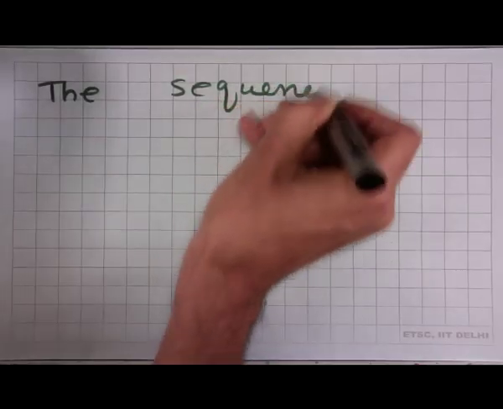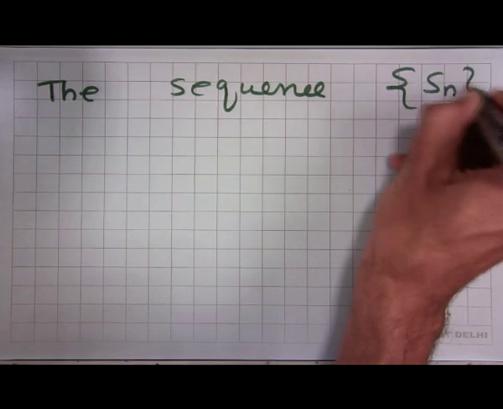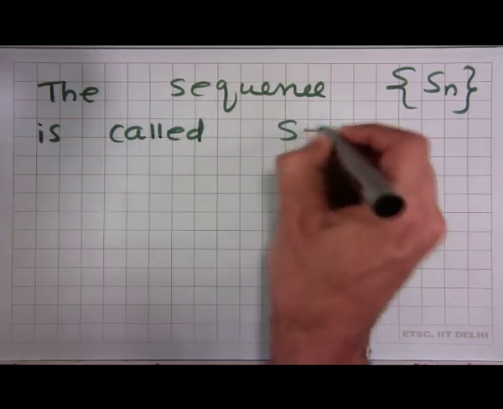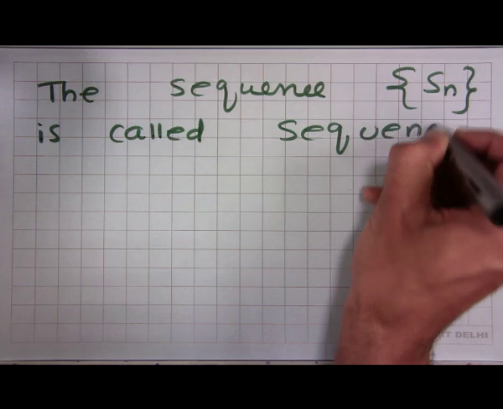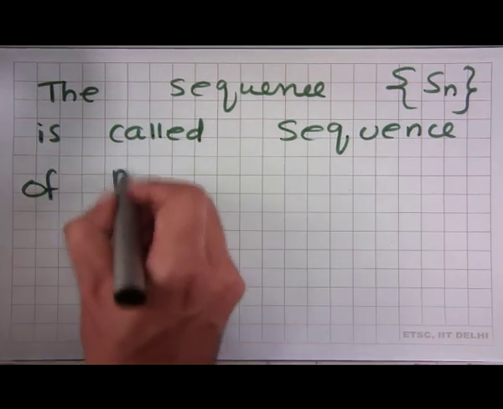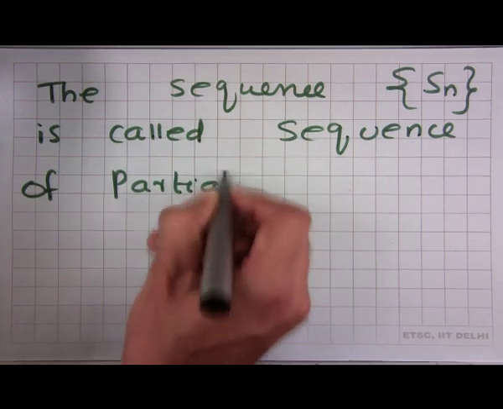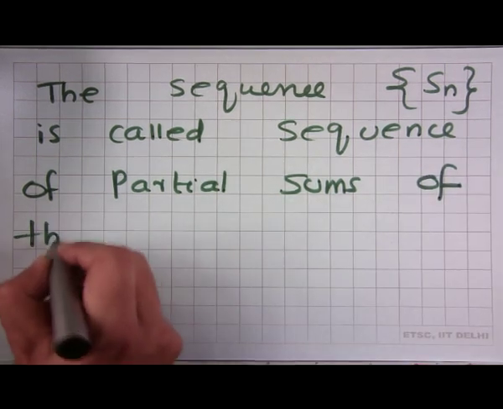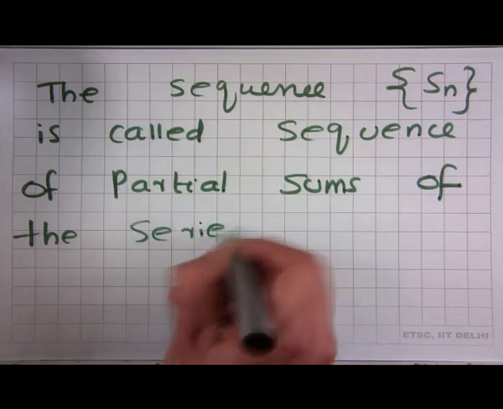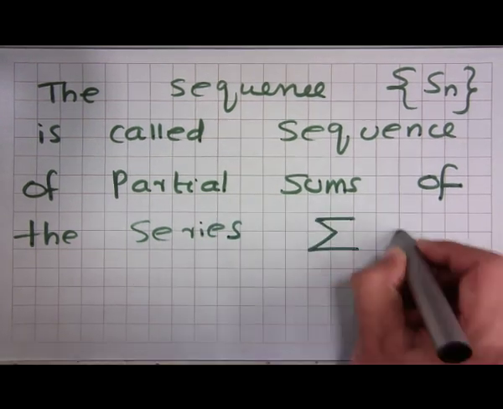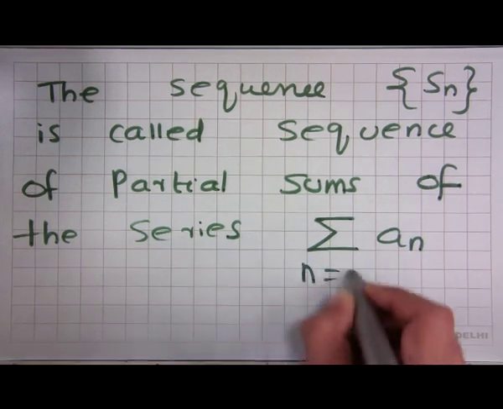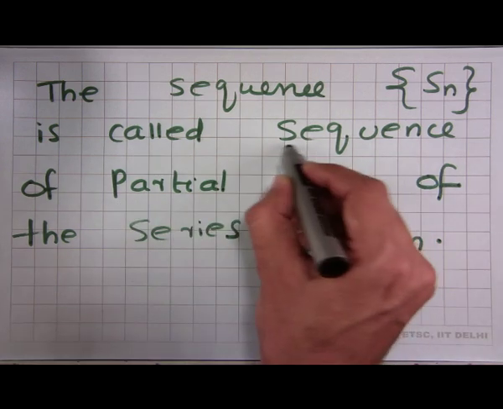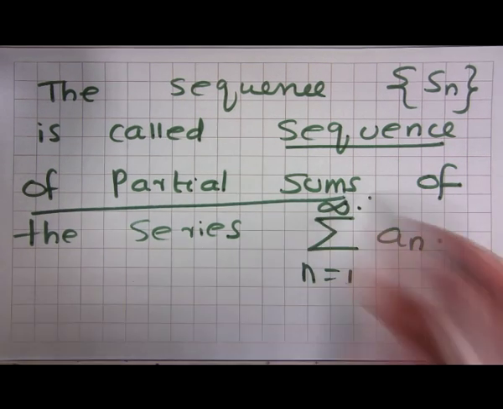The sequence Sn is called the sequence of partial sums of the series summation an, n equal to 1 to infinity. We are making the definition of the sequence of partial sums.